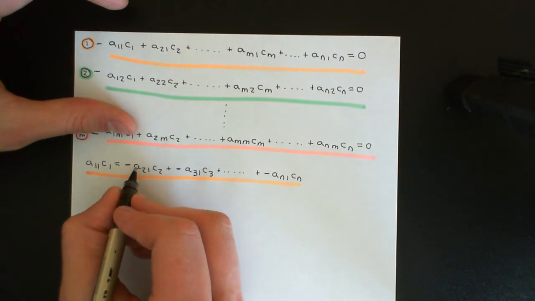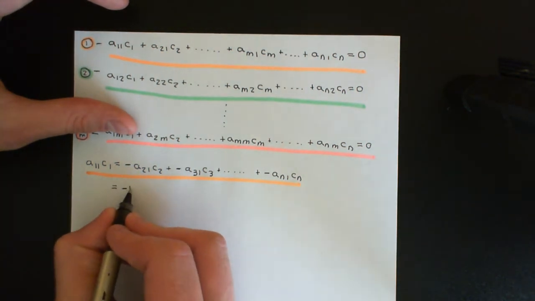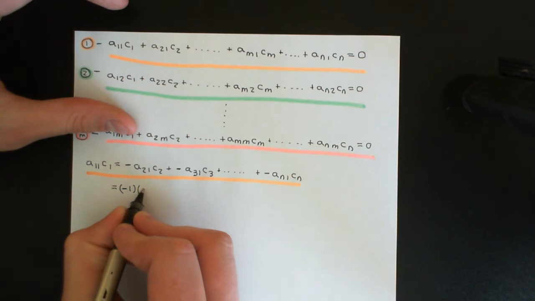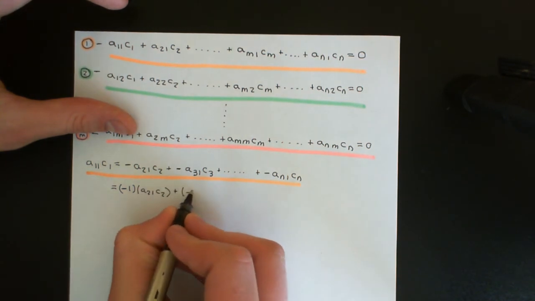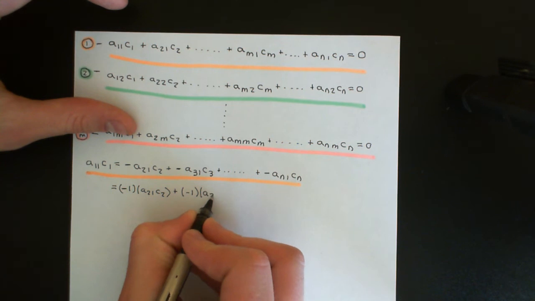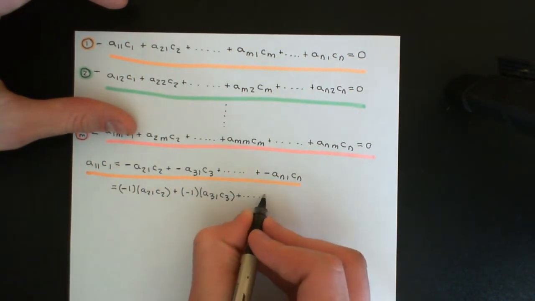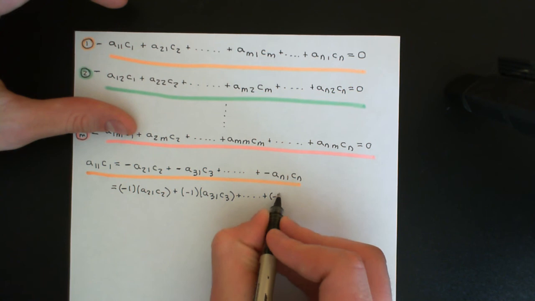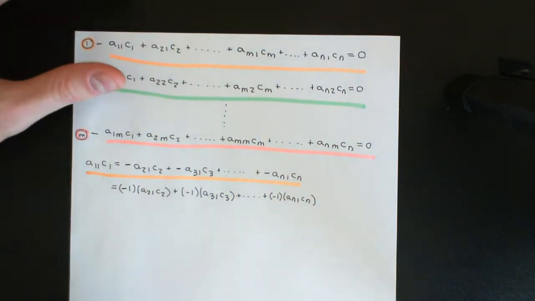So we've got -1, and I'll just squeeze this in. I might actually write this in. So we've got -1 times A21 C2 plus -1 times A31 C3 plus all the way up until we'll end up with -1 times An1 Cn, like so.